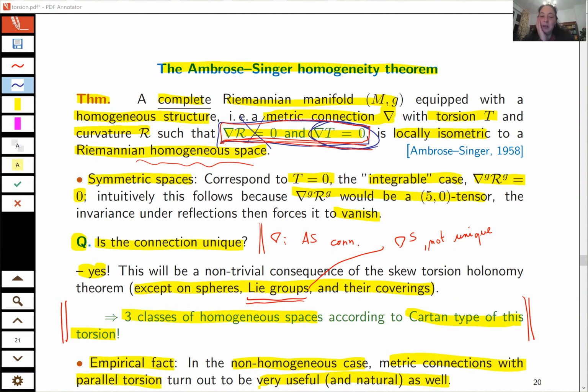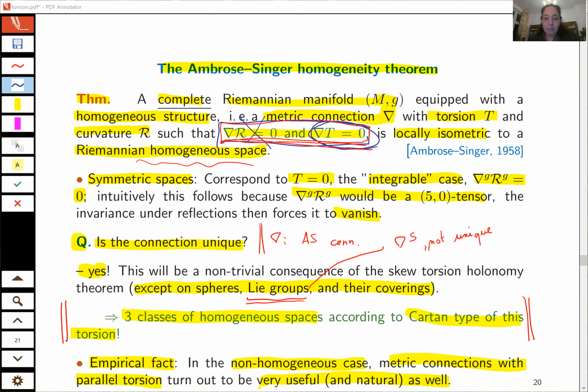Right. The reason being, Lie groups are special because they correspond to the flat case, and spheres are special because, if you look at the symmetric case, the holonomy representation is just the standard representation of SO(n) on R^n.